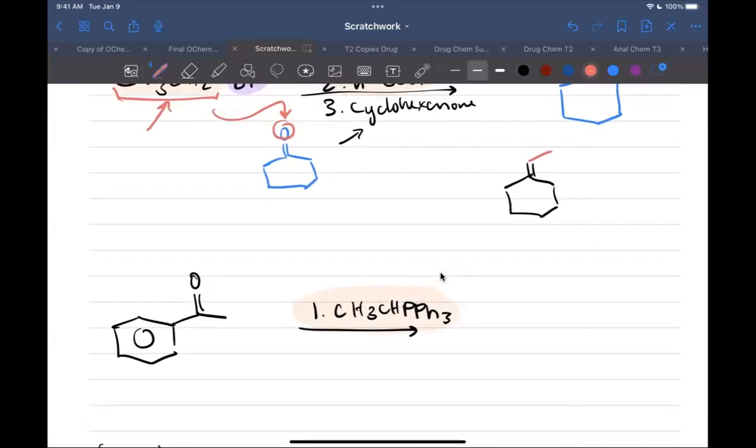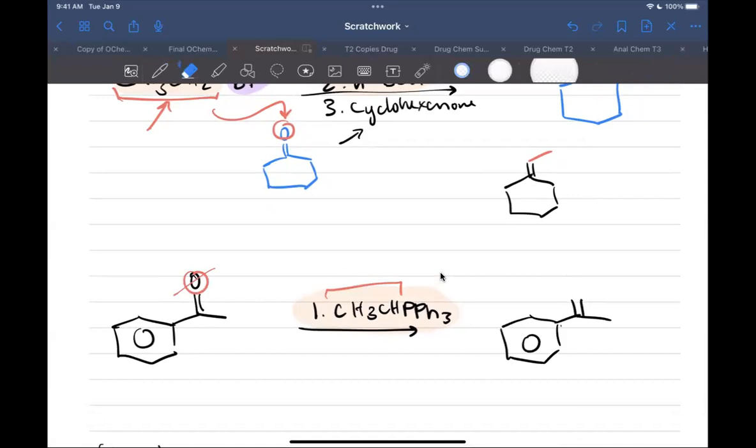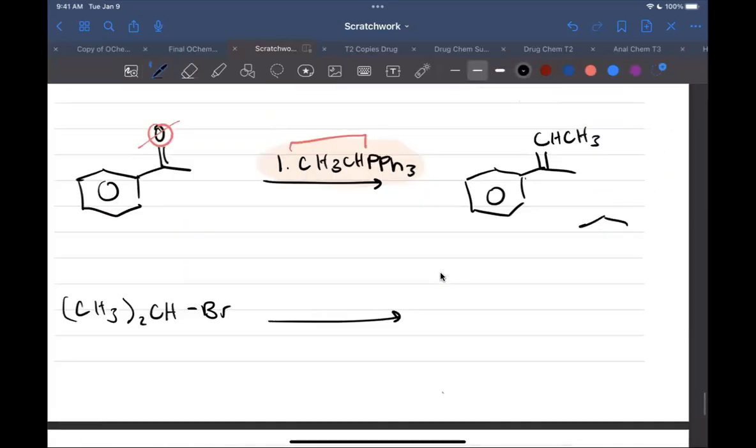Well, hey, look, I have another ethyl group. So I have that ethyl group and I have that oxygen. I just replace that oxygen in that ketone or aldehyde with that ethyl group, CHCH3. Another way you can draw it again is just as right. Something like that. That works.